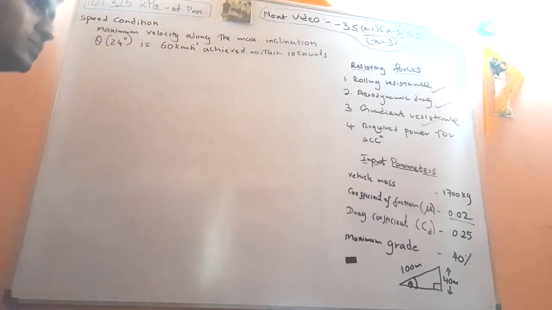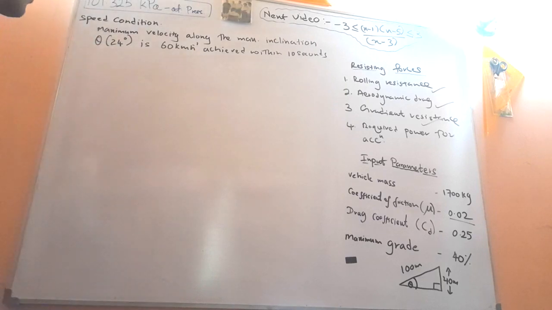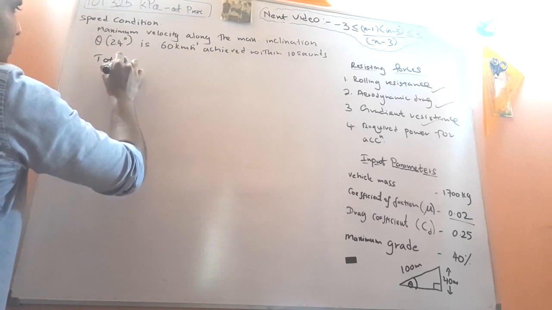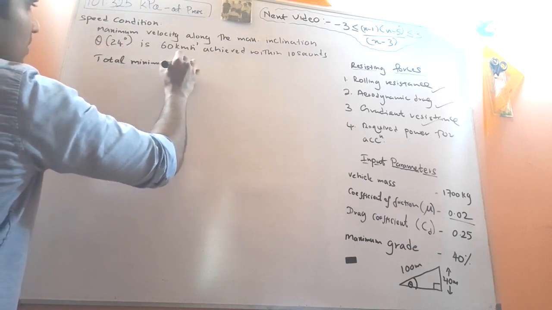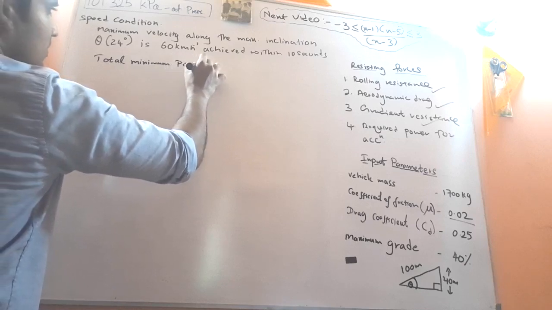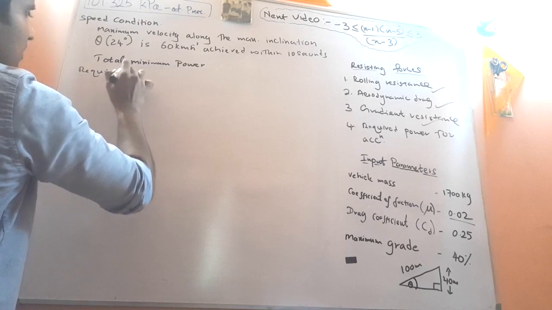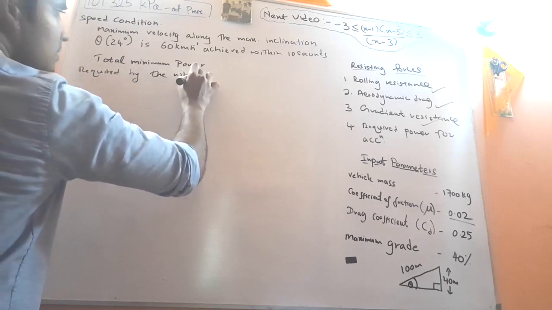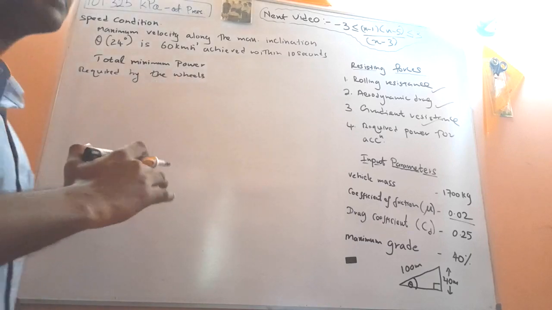Okay, right. So now let's start. Now here there is a different approach, right? So let's see. Total minimum power required by the wheels, right? Because now this is not the ultimate power produced by the engine.